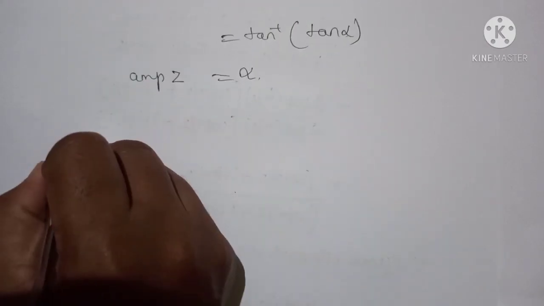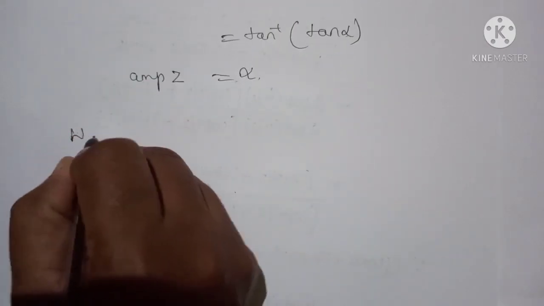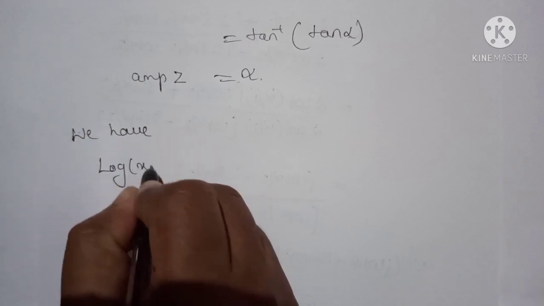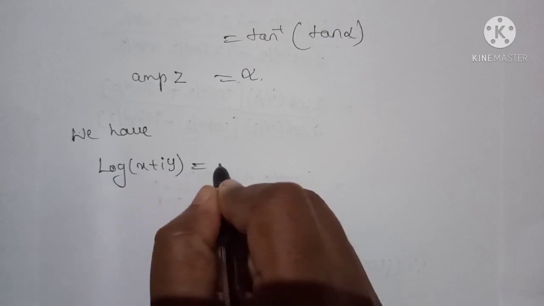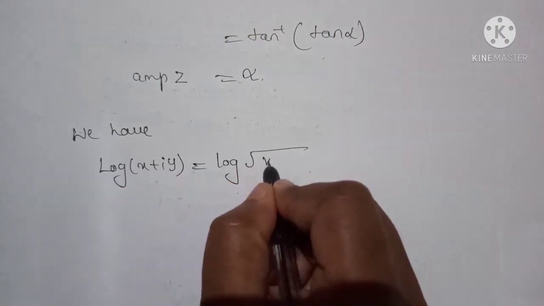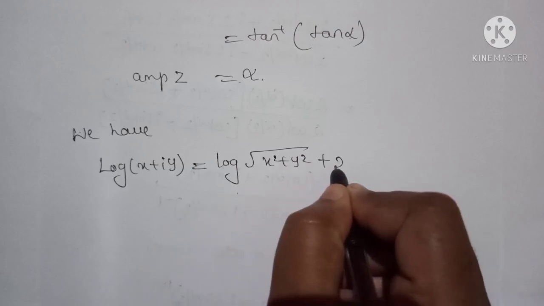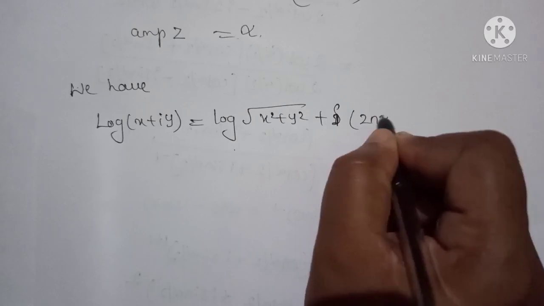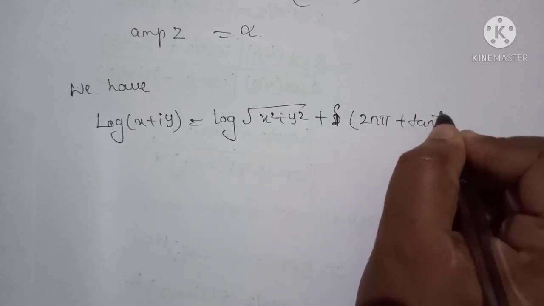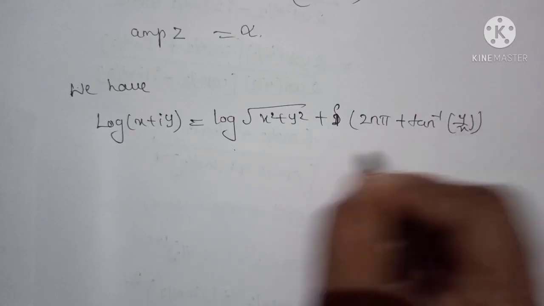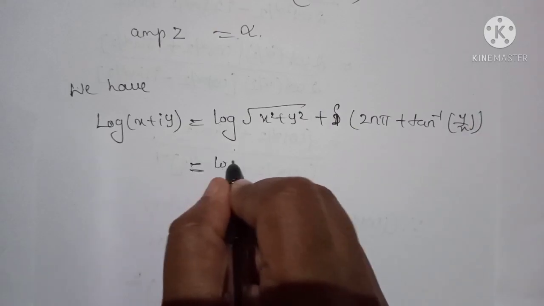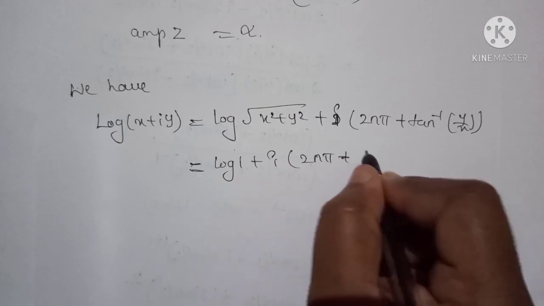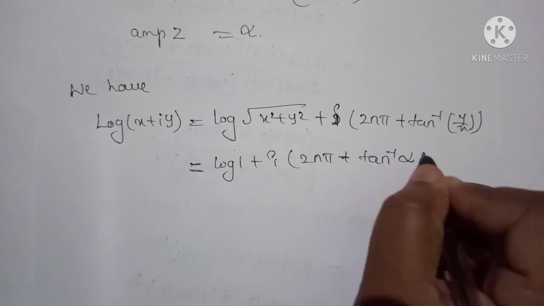Therefore we have the general value of log of x plus iy equals log of square root of x square plus y square plus I into 2n pi plus tan inverse of y by x, which equals log of 1 plus I into 2n pi plus alpha.